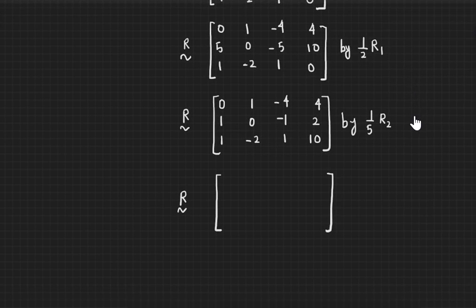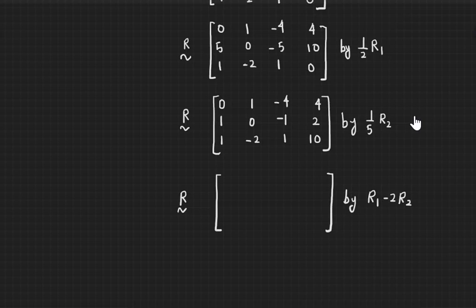If I perform the operation R1 minus 2R2, it means I am replacing row 1 by the sum of itself and minus 2 times R2.